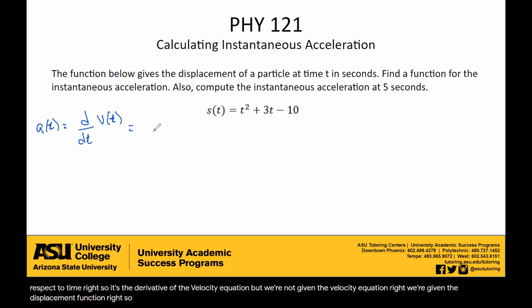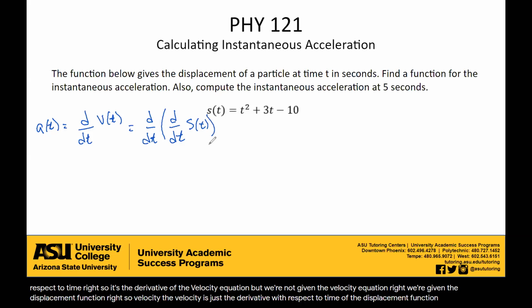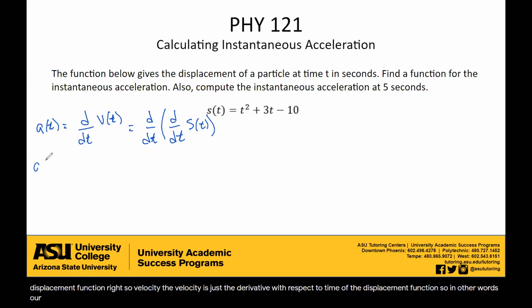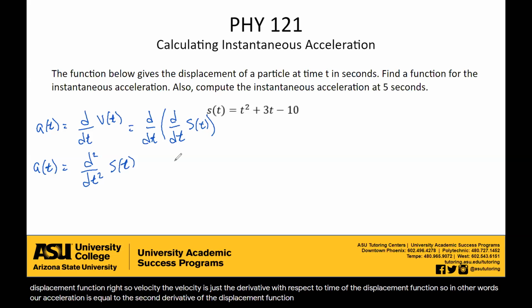So the velocity is just the derivative with respect to time of the displacement function. So in other words, our acceleration is equal to the second derivative of the displacement function.